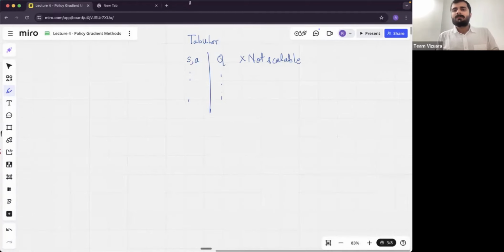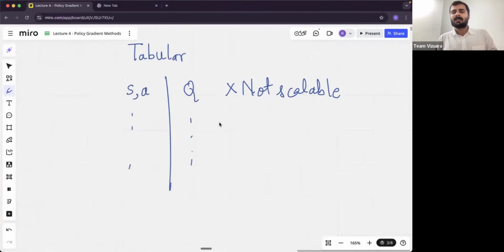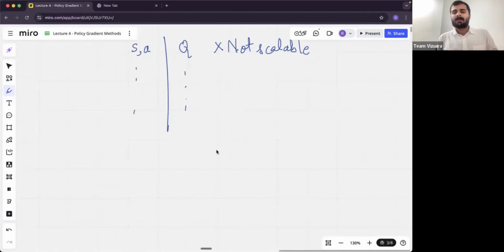So then how did we modify our approach? We said, okay, fine, let's not do tabular methods anymore. Instead, we will construct a neural network such that when given a state, it will predict the Q values for all the actions for that specific state.